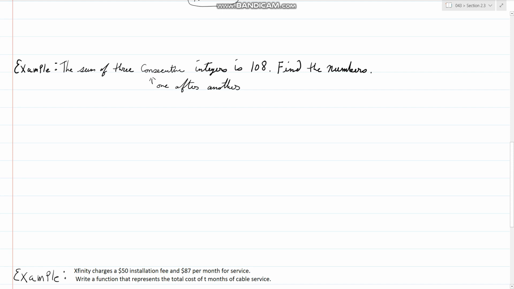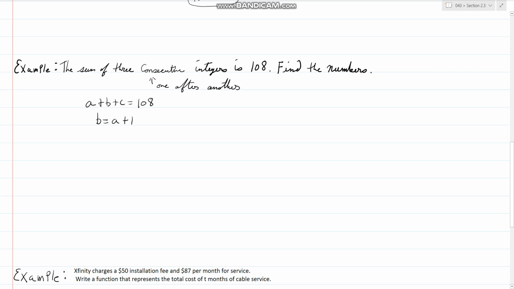So I can say that A plus B plus C is equivalent to 108, the sum, that's adding. And they're consecutive integers, so that means B must be the number right after A. So I can write that B equals A plus 1, right?